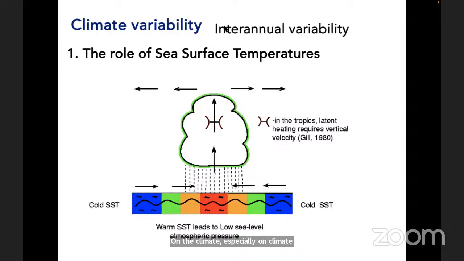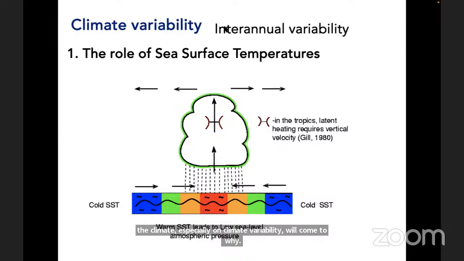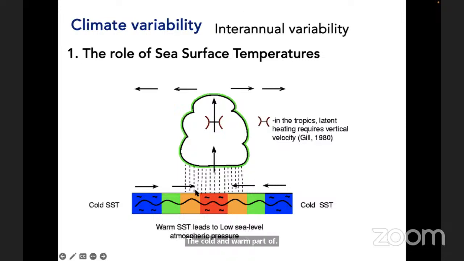Assuming a cold and warm part of the ocean, this is showing the warm part, and it cools this way and cold that way. The whole idea is what I said before: because this is warm, the energy evaporates the water, and that water ascends because it is lighter and buoyant, it rises. As it ascends, it becomes a cloud, and that cloud becomes rain. So this is the factor.